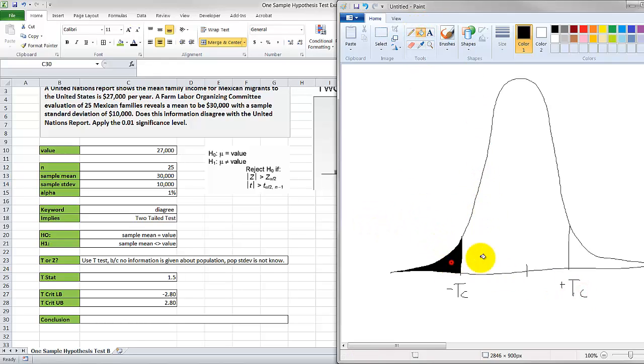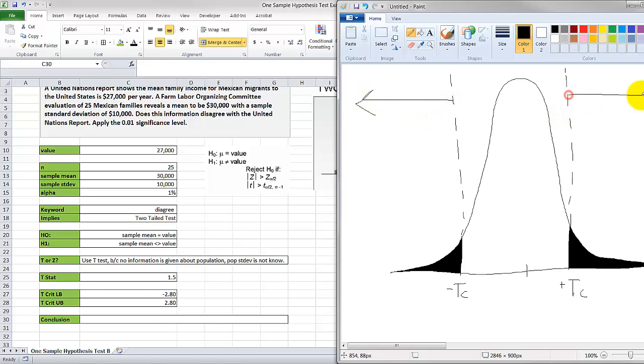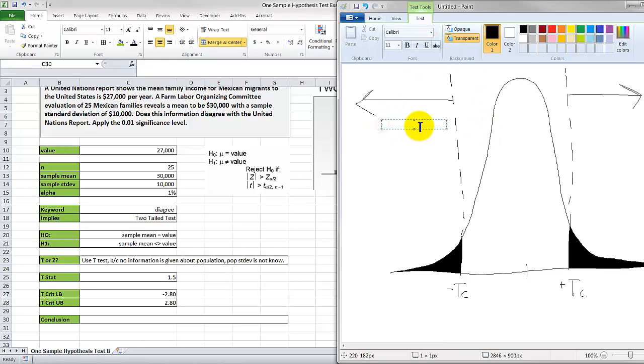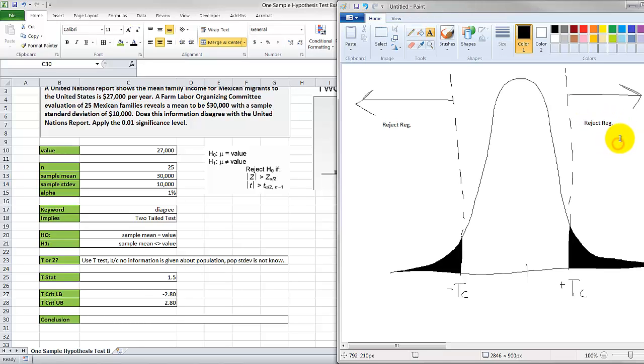So let's fill in the rejection regions. We have something that looks like this and this. These are supposed to be straight. The rejection region, we're going to reject the null if the test is in these regions. So let me just type that. This is the reject region, and same thing over here. Those are the reject regions.